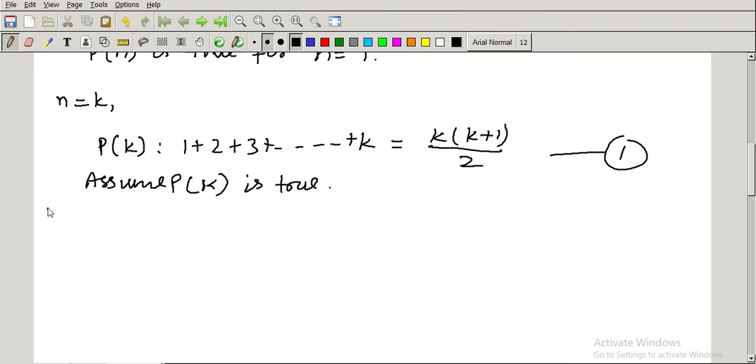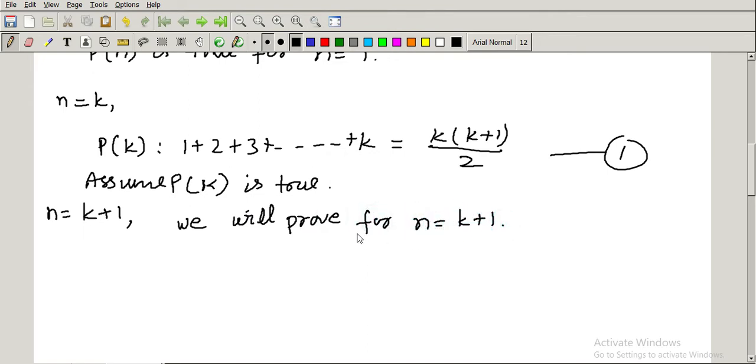So let's prove it for n is equal to k plus 1. So we will prove for n is equal to k plus 1, right? So write this Pk plus 1, right?